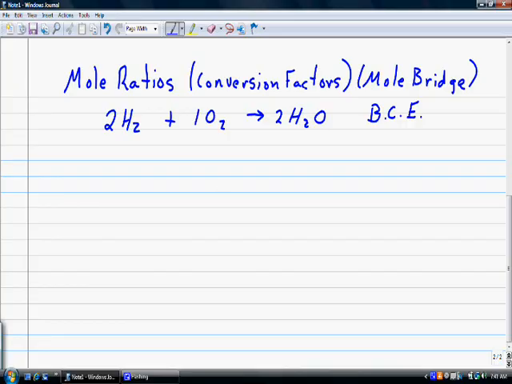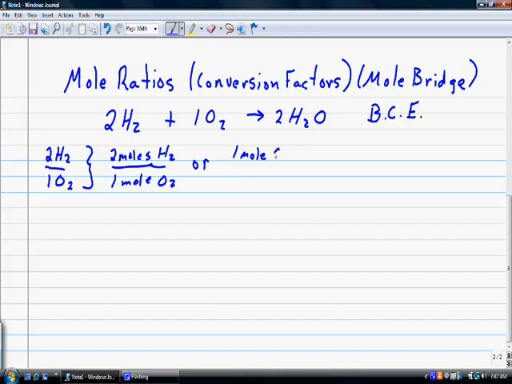Well, if I have three substances, I should be able to make quite a few mole ratios out of these. I know that for every 2 H2, I'm going to need 1 oxygen molecule. So this can be 2 molecules, or we say 2 moles of hydrogen for every 1 mole of oxygen. As you know, with any conversion factor, it just equals 1, so I can flip this also. I could call this 1 mole of oxygen for every 2 moles of hydrogen.